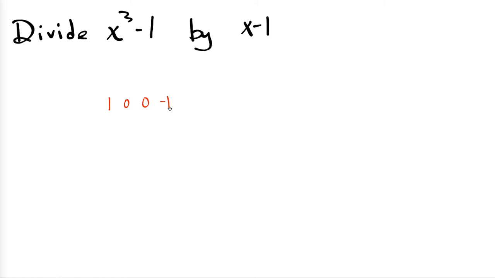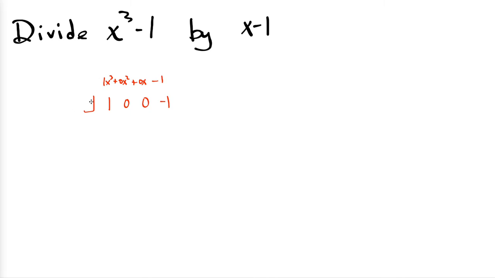Missing terms matter. 1x cubed plus 0x squared plus 0x minus 1. But you only fill in the numbers. You don't actually write the terms. The original thing that we were asked to divide was missing 2 of them.